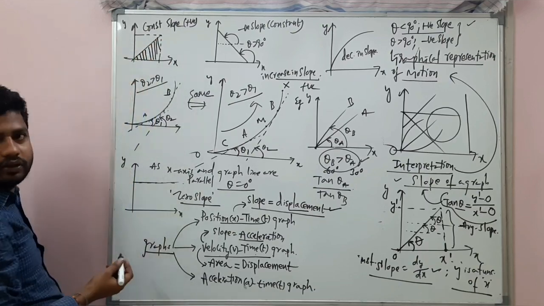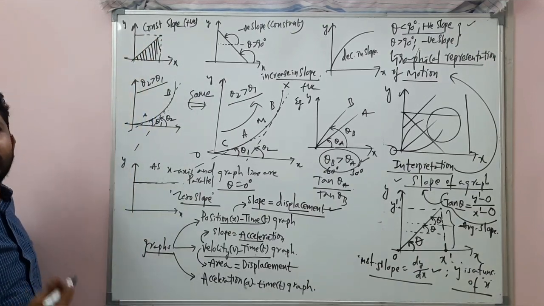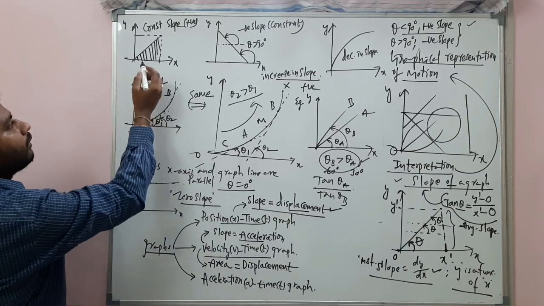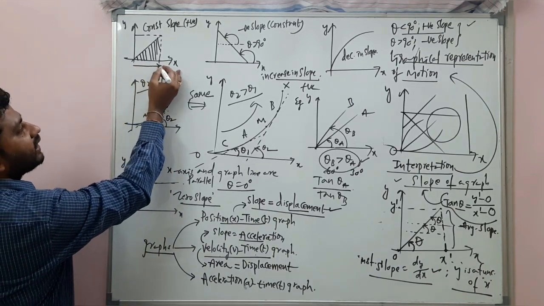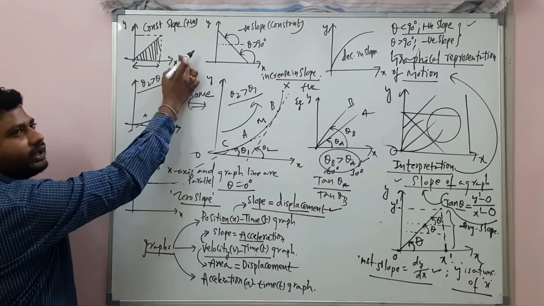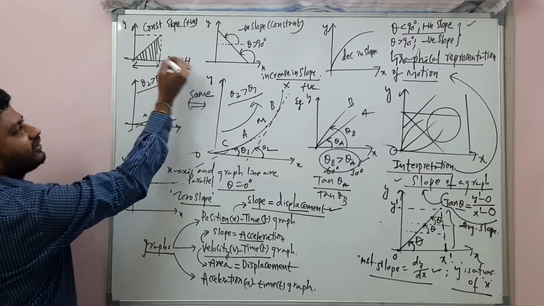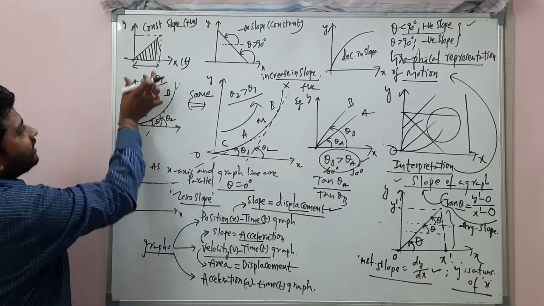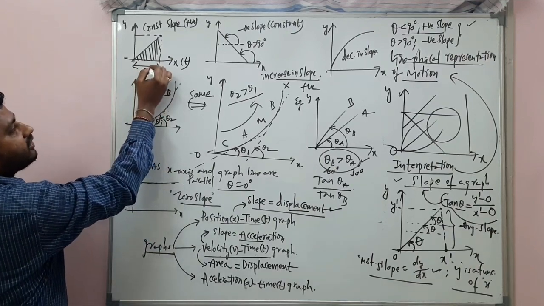This area you can find by using area of a triangle formula. Half into base. See, this base will have some value, right? Because x-axis is represented with some physical quantity. Let me say this is represented with a physical quantity called time. And this will have some time. Imagine that is 5 seconds.